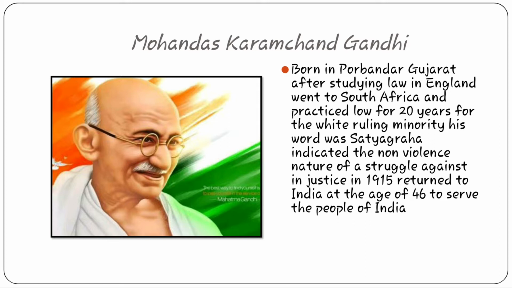Gandhiji started his fight with the word Satyagraha, which indicated the non-violent nature of his struggle against injustice. After completing around 20 years in South Africa, he came to India in the year 1915 at the age of 46, and he started serving the people of India.